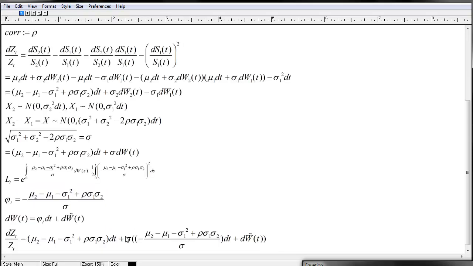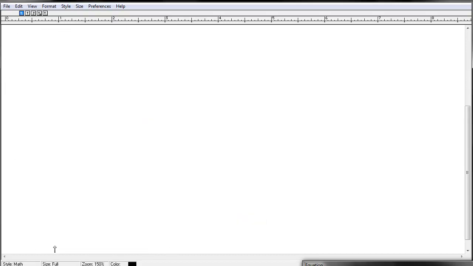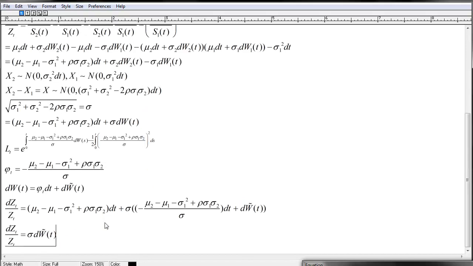Okay, so when we multiply this term by dt, we get the exact opposite of this because here is minus and we kill the drift here. Okay, and what remains is the Brownian motion term under the risk neutral measure, times sigma, so it's sigma times the Wiener differential under risk neutral measure.